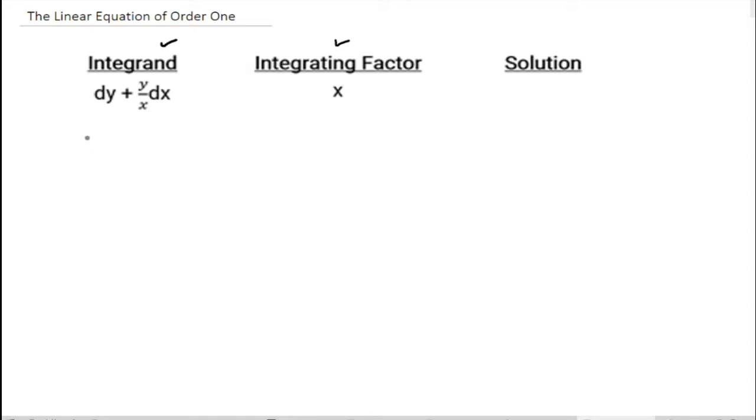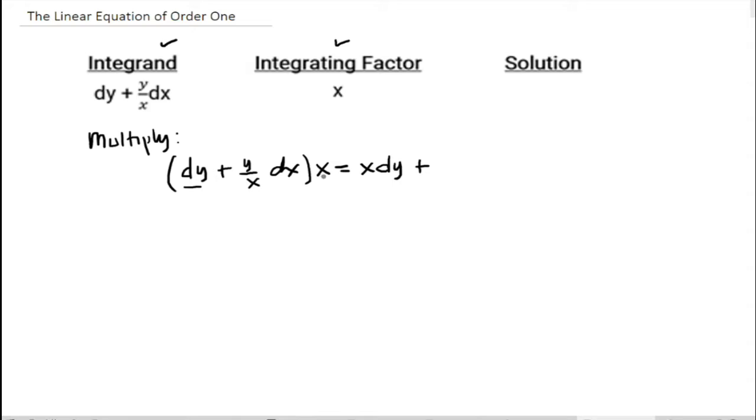For example, we are going to multiply our integrand here, dy plus y over x dx, with the integrating factor x. The product now, dy multiplied by x is x dy, plus our x here multiplied by x here is cancelled, so we have here y dx.